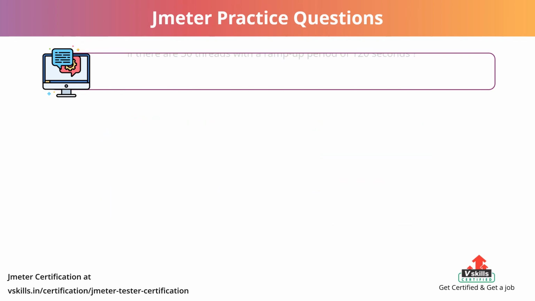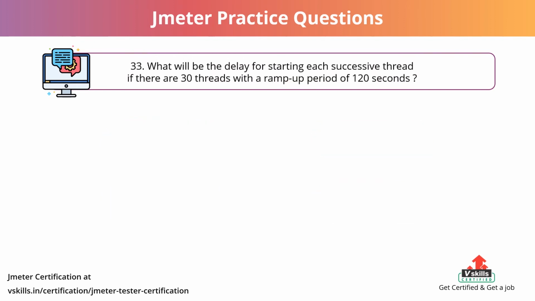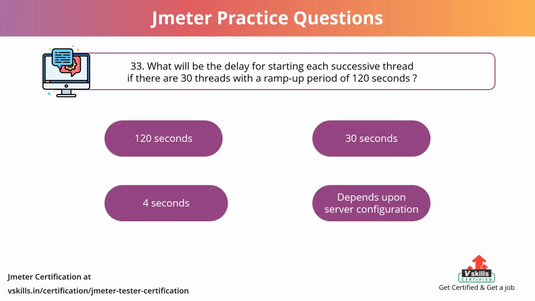Question number 33. What will be the delay for starting each successive thread if there are 30 threads with a ramp-up period of 120 seconds? The options are A, 120 seconds, B, 30 seconds, C, 4 seconds, D, depends upon server configuration.